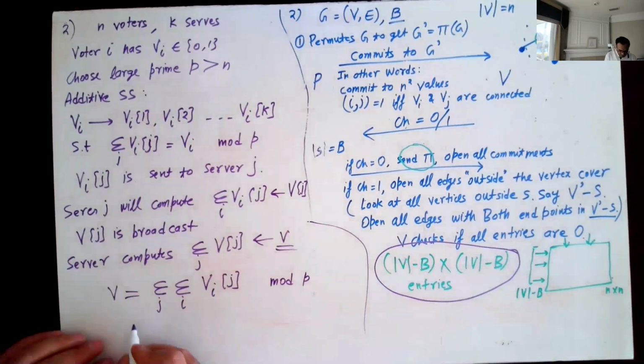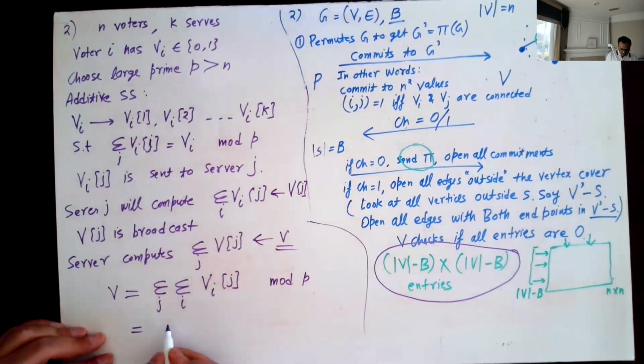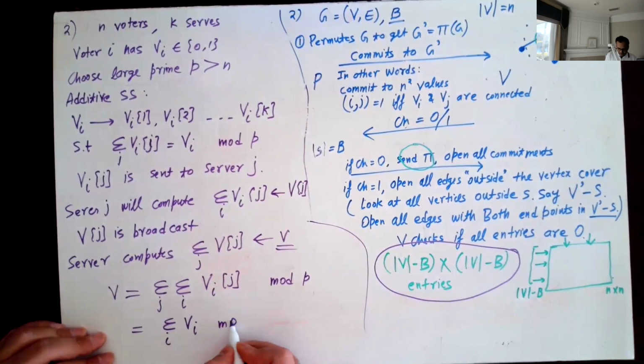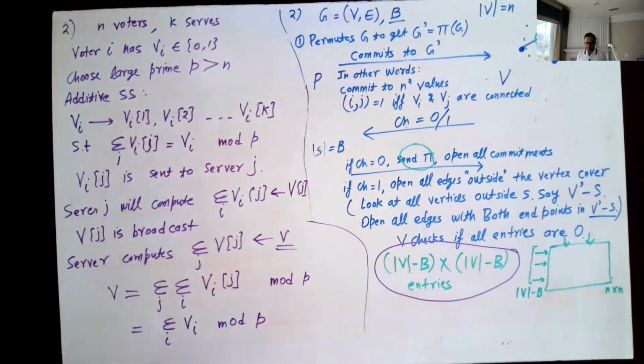This is equal to actually summation vi mod p. So just some modular arithmetic is necessary here.